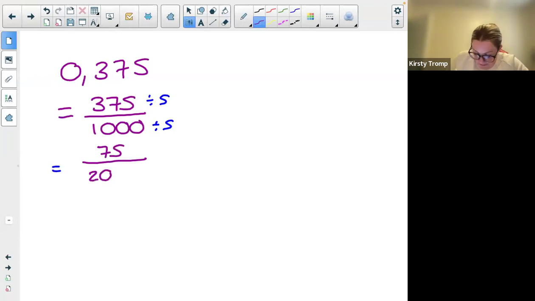Good. What goes into 75 and also goes into 200? 5. So I'm going to divide again. What's 75 divided by 5? 15. Nice. What's 200 divided by 5? 40. Nice. What goes into 15 and can also go into 40? 5.